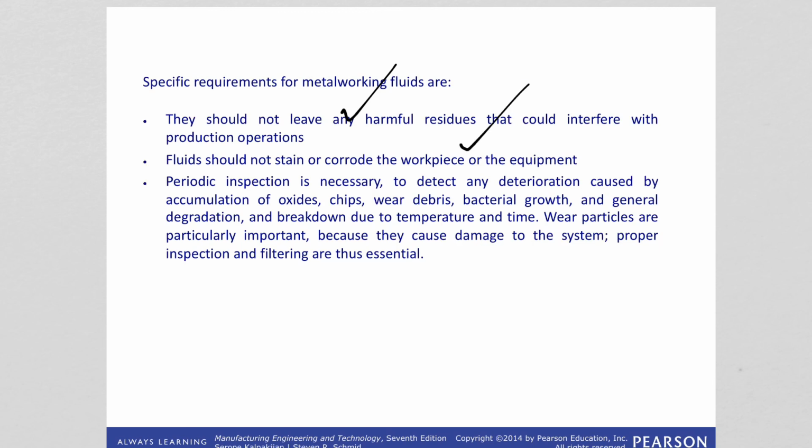Periodic inspection is necessary during manufacturing to detect any deterioration caused by the accumulation of oxides, chips, wear debris, bacterial growth, or general degradation or breakdown due to temperature and time. Wear particles are particularly important because they can damage the system. So proper inspection and filtering is essential.